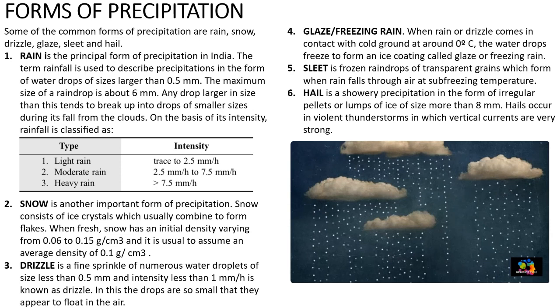Drizzle is a sprinkle of rain lang. So maliliit yung water droplets kaya hindi siya ma-classify as rain, dahil mas maliliit yung dimension ng droplets niya. Glaze or freezing rain, so this is precipitation na first when it falls down, makakaharap siya ng warm mass.